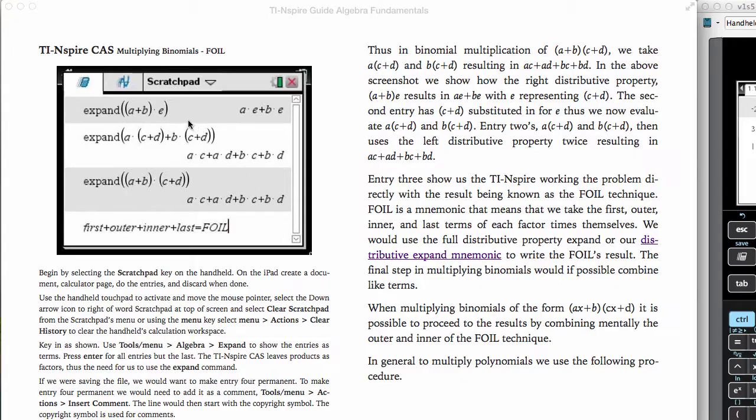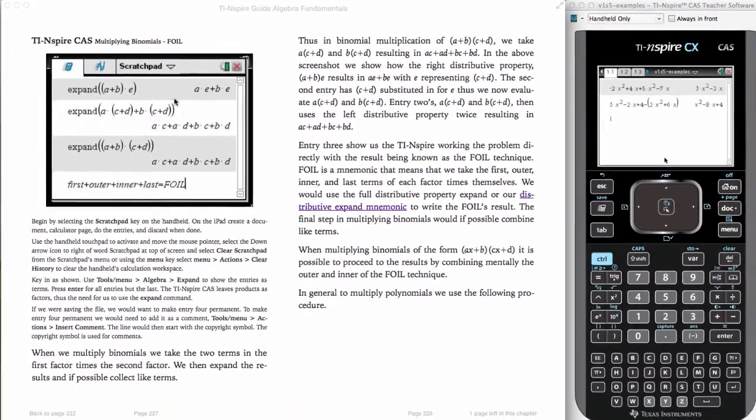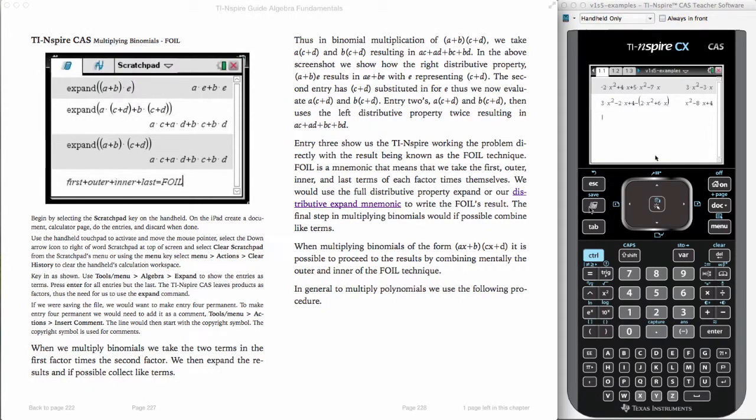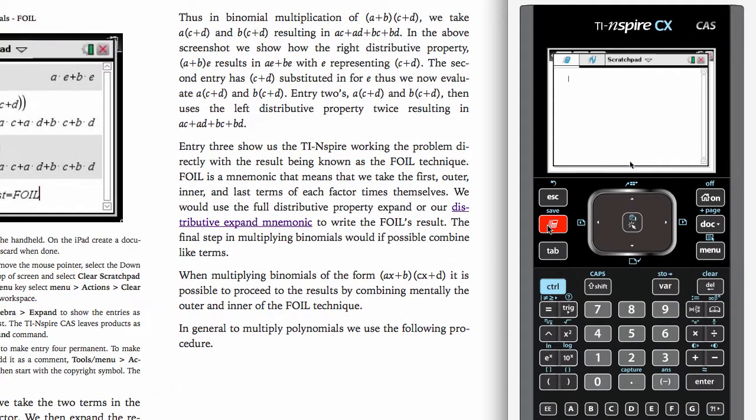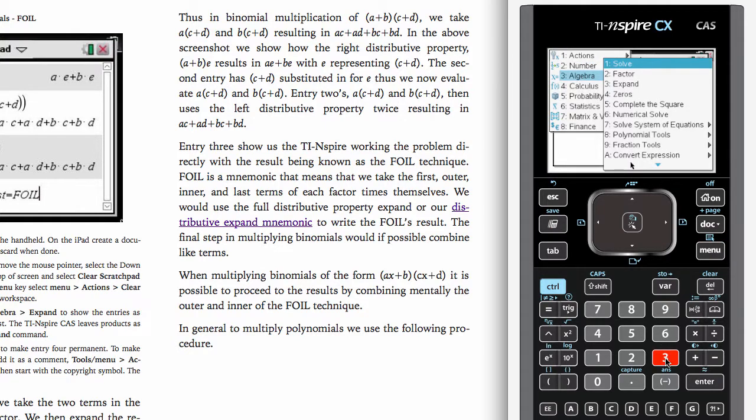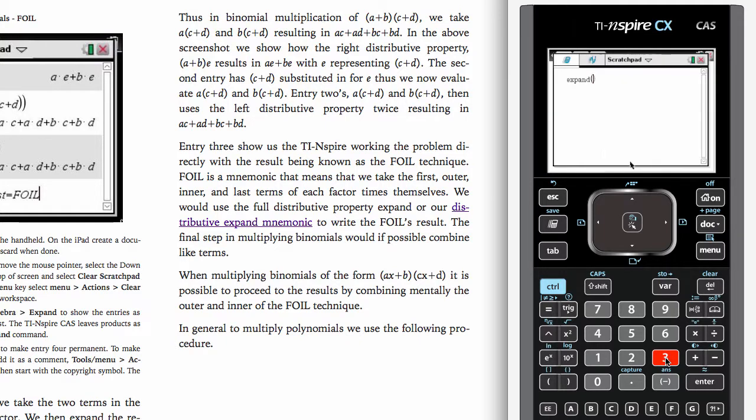Let's go ahead and take a look at a little bit of this on our scratch pad. So we'll go over to here and we'll go to our scratch pad. And so the first one, to get the expand, we'll go to menu, we'll go to algebra, we'll go to expand. Then we'll have to put in a set of nested parentheses.